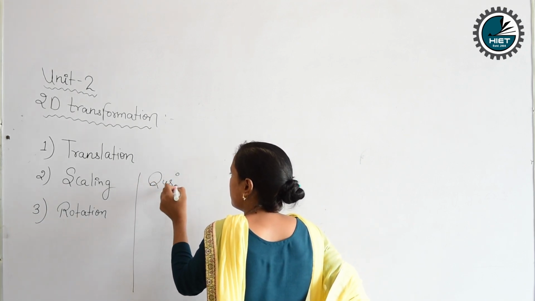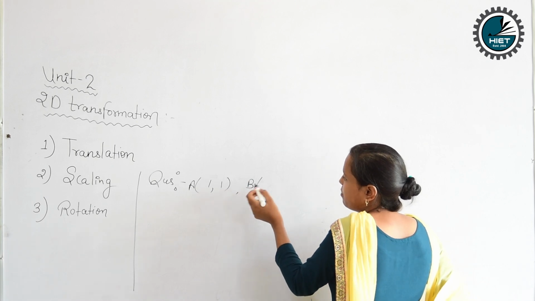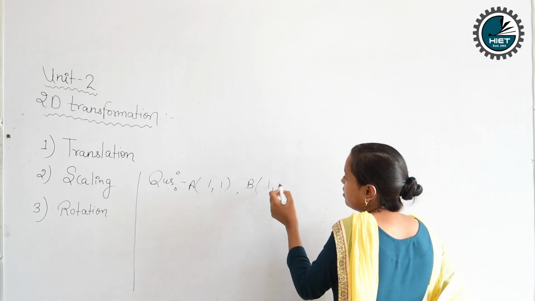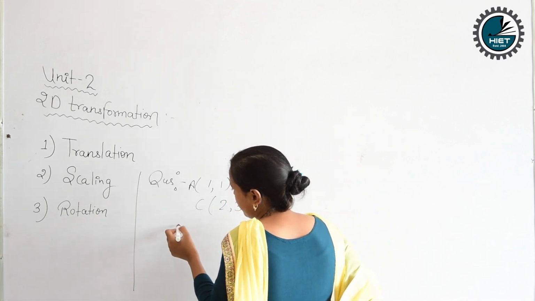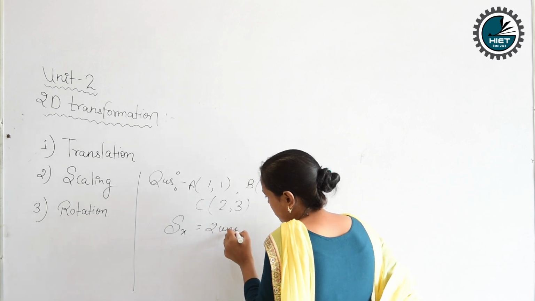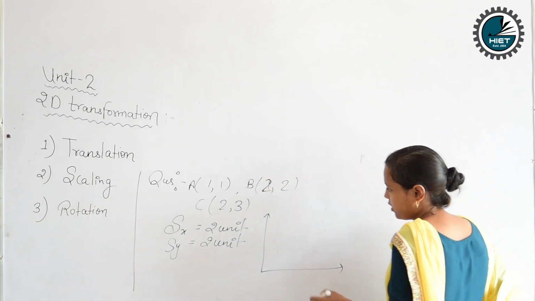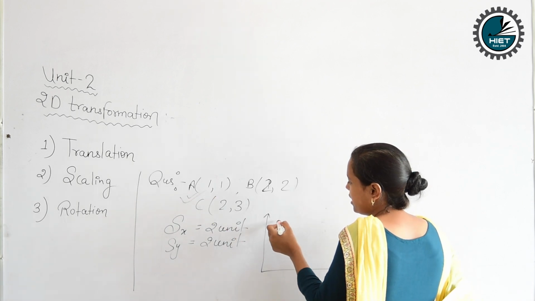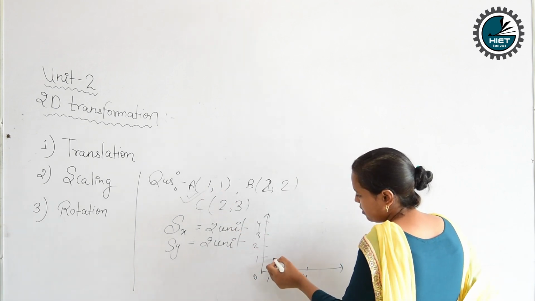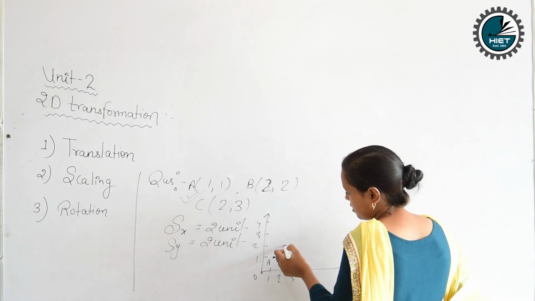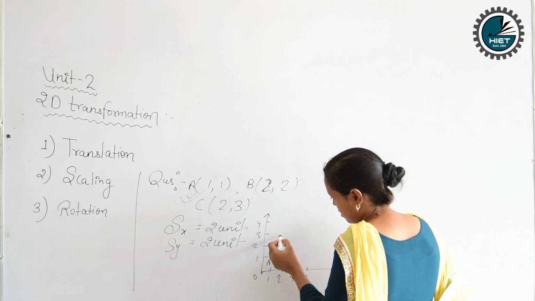We are assuming a question: point A is 1 comma 1, point B is 2 comma 2, and point C is 2 comma 3. The scaling factor along x is 2 units, and the scaling factor along the y-axis is 2 units. If we draw the diagram of the original object with axes 0 to 4, A is 1 comma 1, B is 2 comma 2, and C is 2 comma 3.